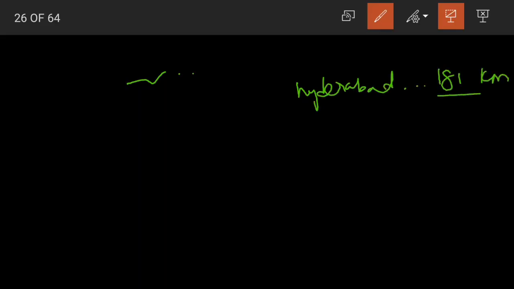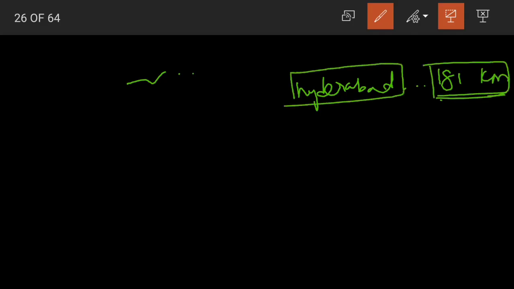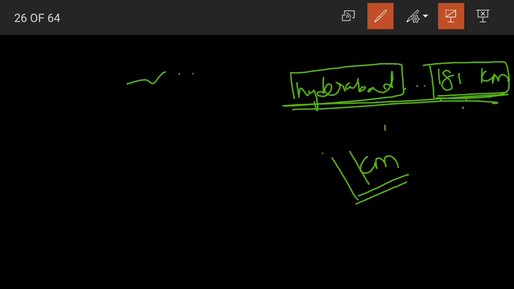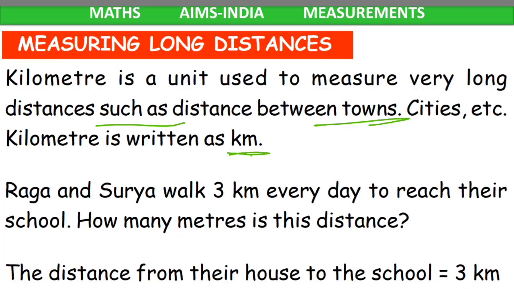That means you have to travel 181 kilometers to reach Hyderabad. You can find the distance between places in kilometers on signboards like this, or on Google Maps, or by typing in Google.